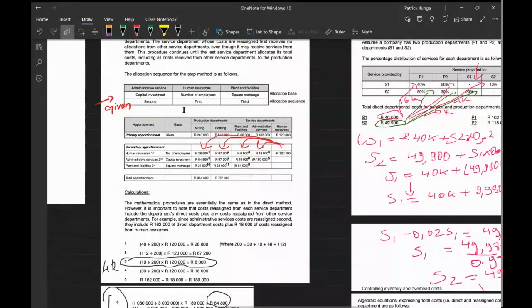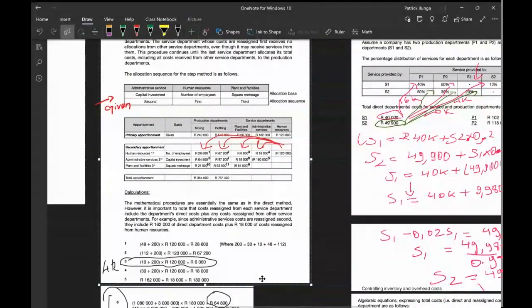That's what we call the step method. Administration, we are running a business, administration is valuable for the entire business. So some of the costs in the administration will need to be reallocated to the plant facility.